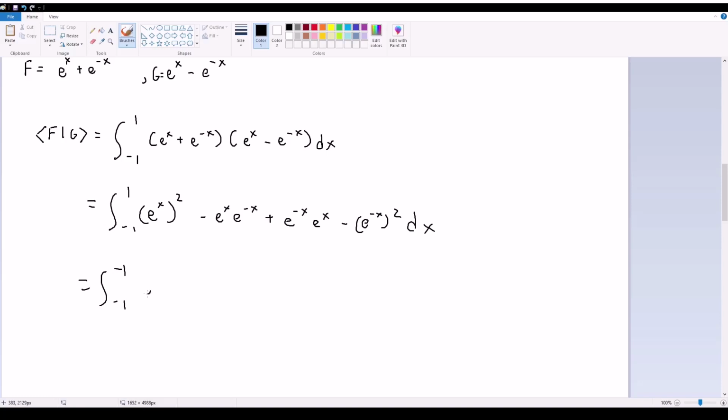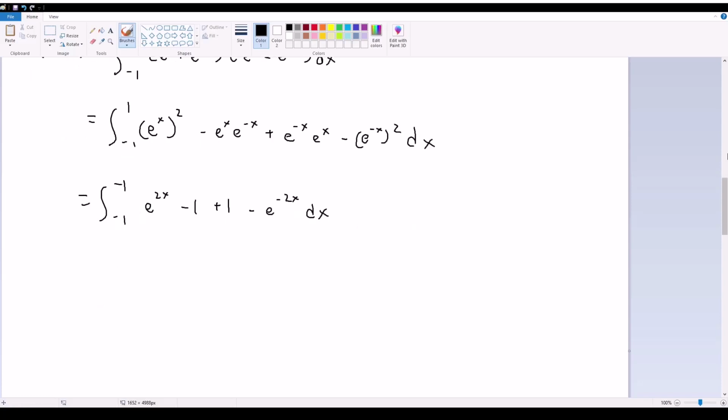This first term is going to give me e to the 2x minus 1 plus 1, because these two are just inverses of each other, minus e to the negative 2x. The 1's cancel out, leaving e to the 2x minus e to the negative 2x dx.